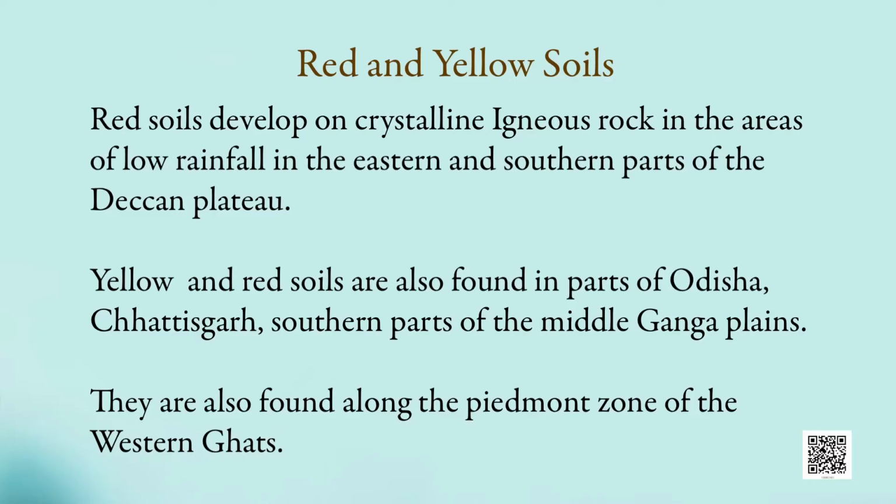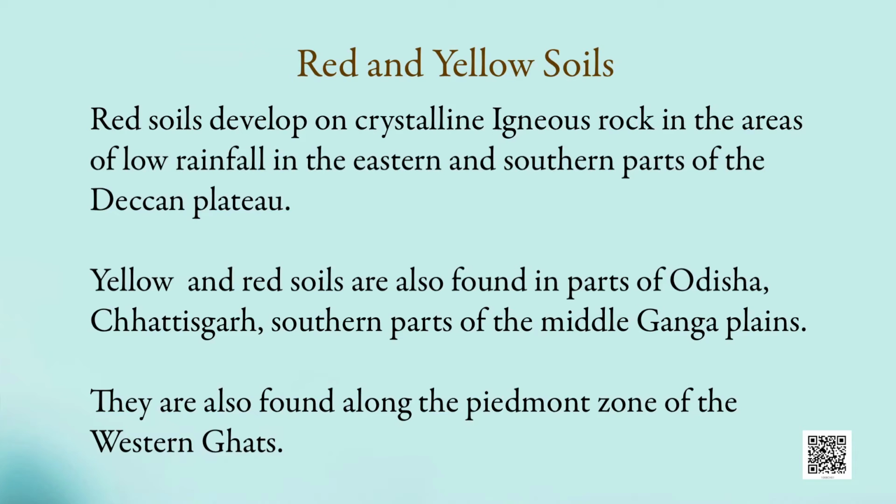Have you heard about red and yellow soils? You must be wondering, why the name by the colors red and yellow? The red soils develop on crystalline igneous rocks in the areas of low rainfall in the eastern and southern parts of the Deccan Plateau. Yellow and red soils are also found in the parts of Odisha, Chhattisgarh and southern parts of the Middle Ganga plains.